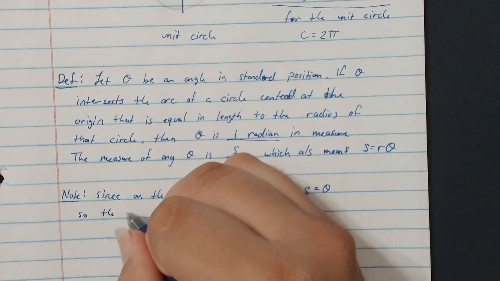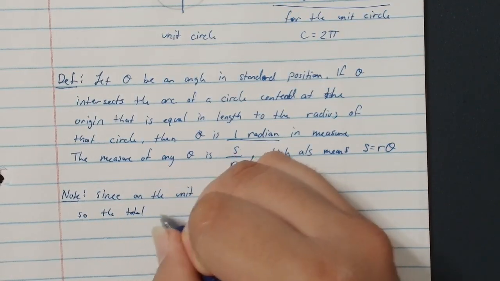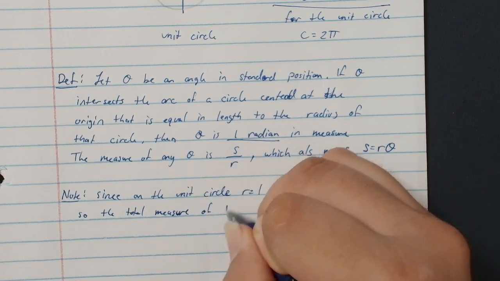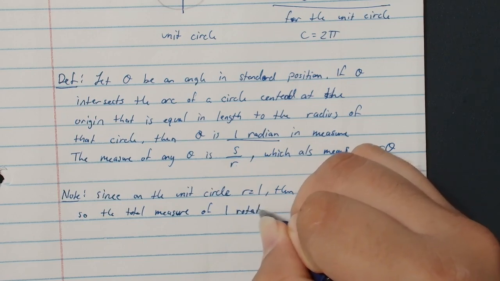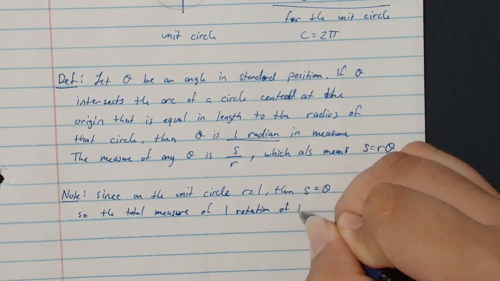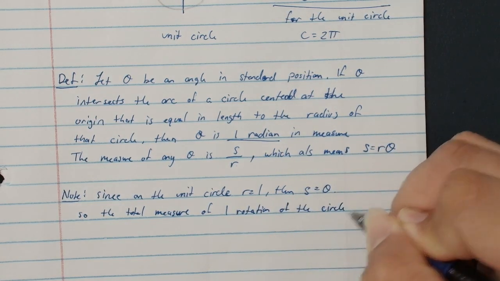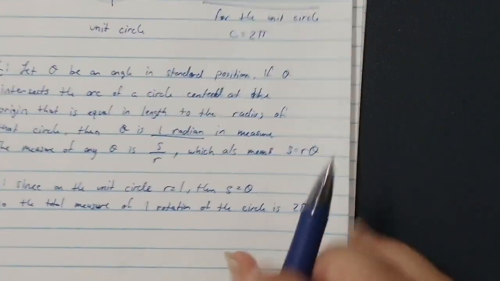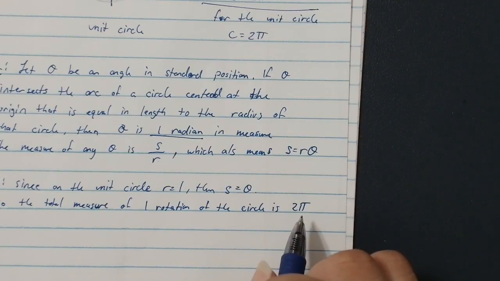So the total measure of one rotation of our circle is 2 pi.